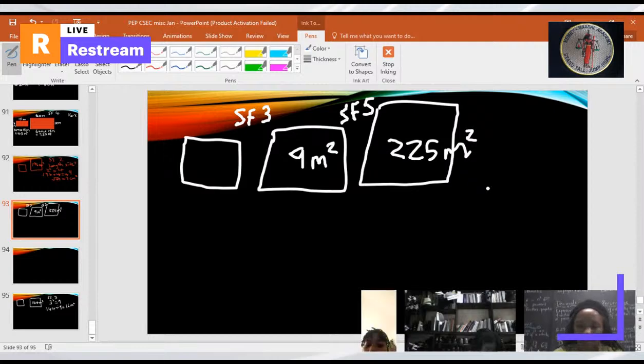She just gave me that answer. How would you find the square root of it if you didn't know what it was? Miss, I did 5 squared, which is 25 times the 9. I got 225. Then miss, I'd find the square root.